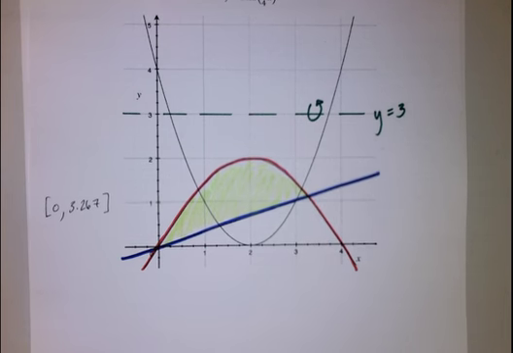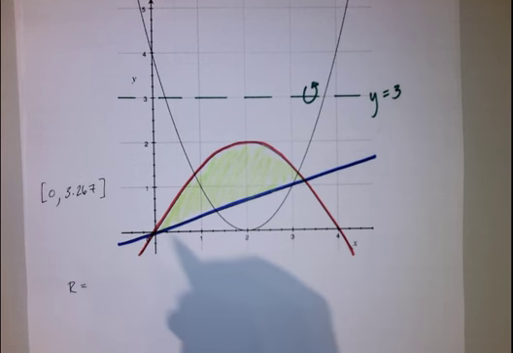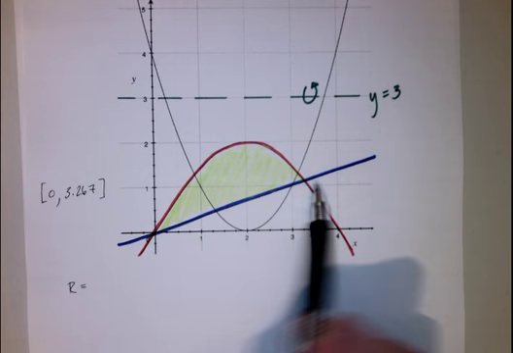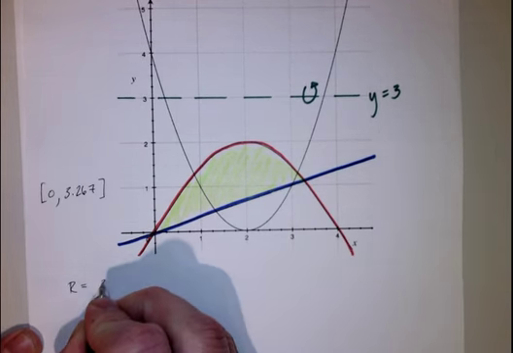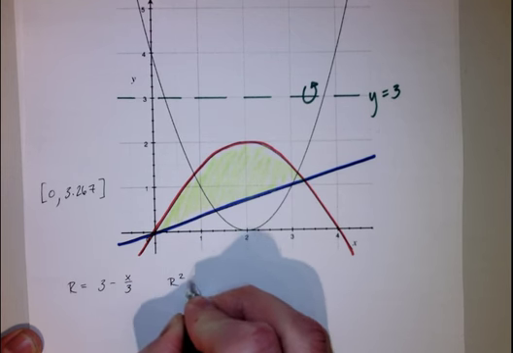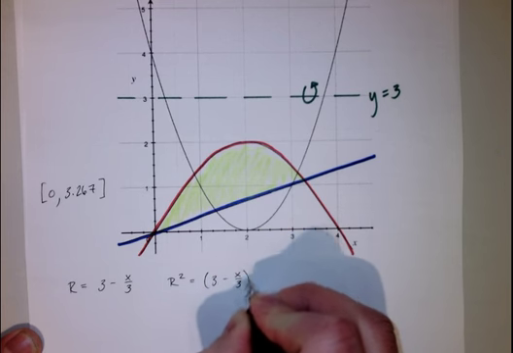And remember when I said that your radius is always going to be axis minus function or function minus axis, and it always depends on which one's going to give you a positive answer. And you always want to subtract the smaller number from the larger number. So big R is 3 minus x over 3, and big R squared is 3 minus x over 3 squared.